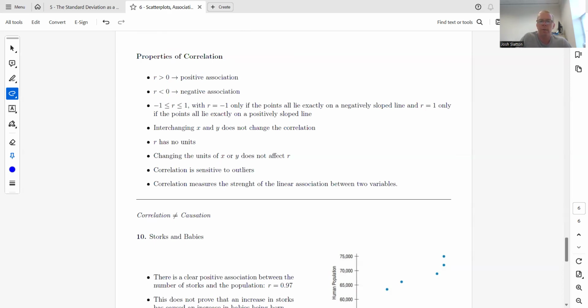And R is always between -1 and 1. Let's say R is +1, you would have a scatter plot that is exactly in a straight line. R equals 1, it'd be perfectly on a straight line. Now, that's not saying anything about the slope. So you could have a slope like that.